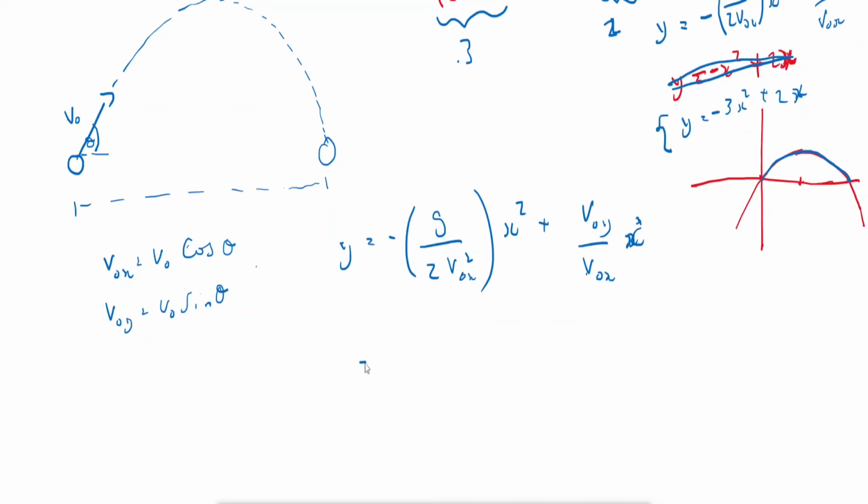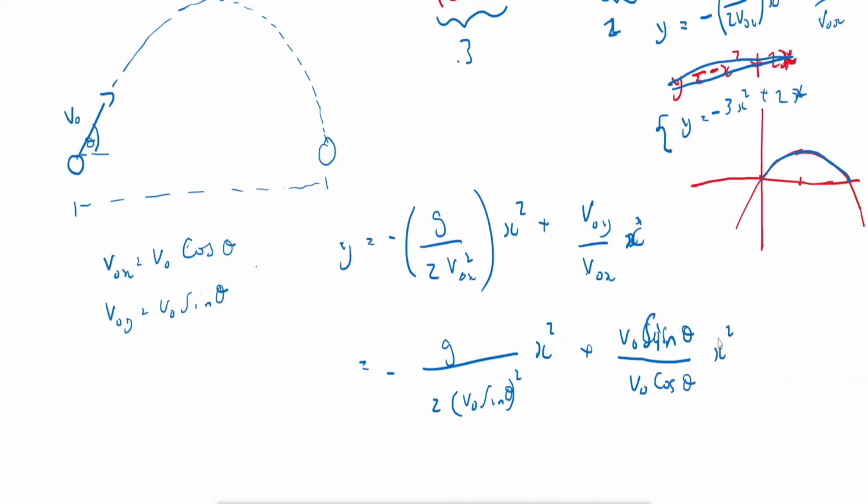Okay, so I could say this is minus g over 2, and where I say VOX squared, I could say it's VO cos squared theta, and then this is x squared. This is plus VO sine of theta over VO cos of theta, times x, not squared.